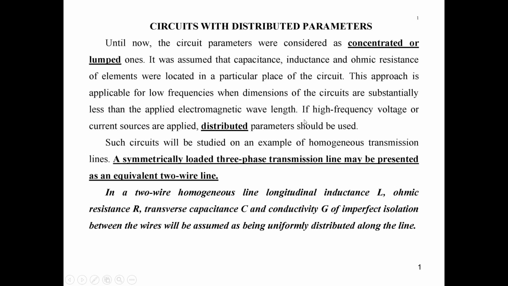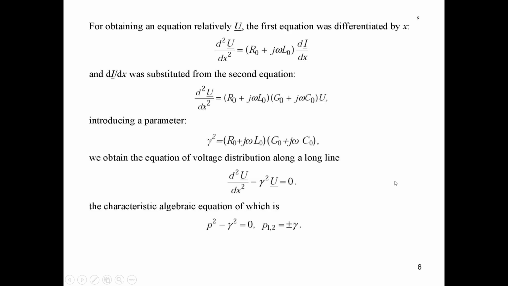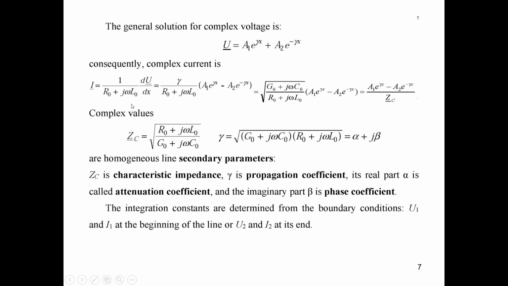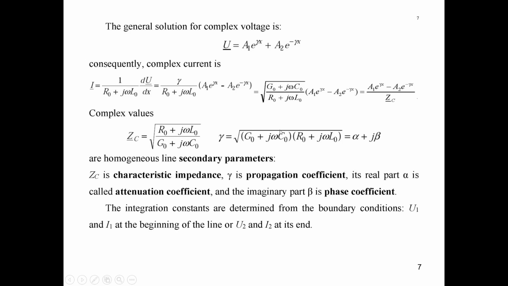And as we considered that x is the distance from the end of the line to the considered infinitesimal element, when x equals 0, u will be equal to u2 and I will be equal to I2. Let's substitute these zero values into the expressions for u and I. When x equals 0, we have u equal to A1 plus A2.